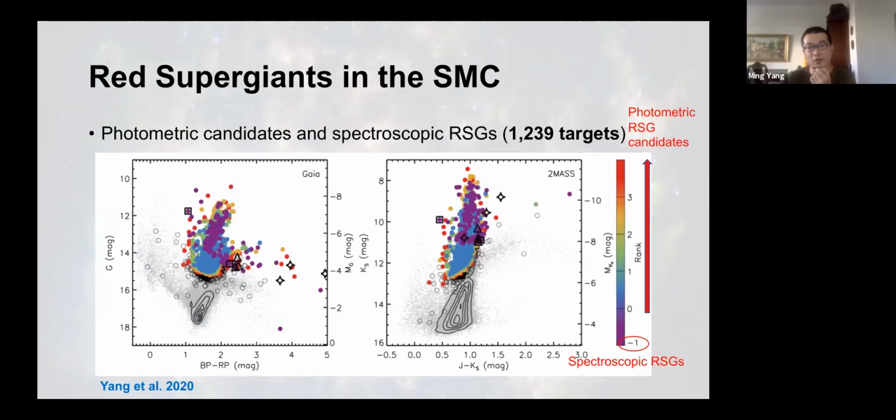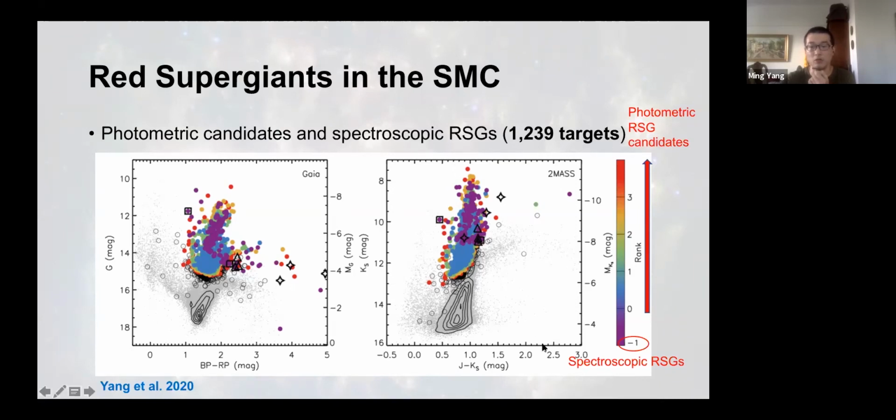After we identify a huge amount of evolved massive star candidates, we also want to study the red supergiants in detail. For example, here we studied the red supergiant stars in the SMC. Previously, we only had photometric red supergiant candidates.